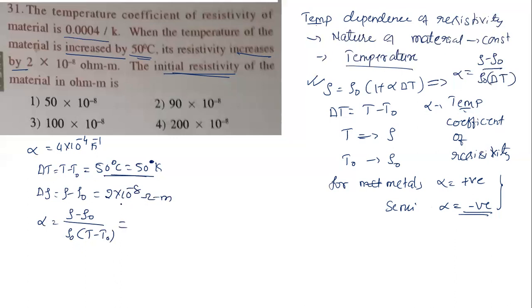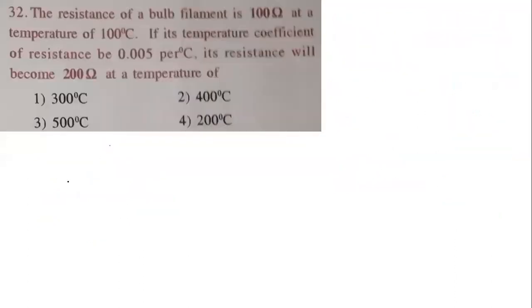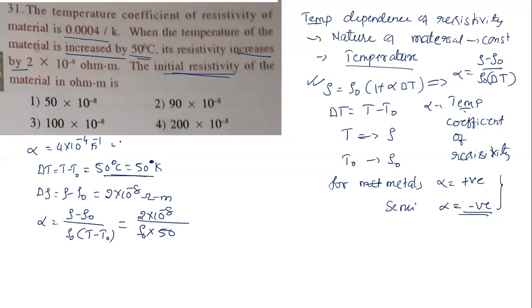Rho minus rho naught means delta rho, which is 2 into 10 power minus 8, divided by rho naught, which we need to find, into delta T, which is 50. Alpha is given, so alpha becomes 4 into 10 power minus 4 equal to 2 into 10 power minus 8 divided by 50 times rho naught. We want rho naught, so I want to take it here.